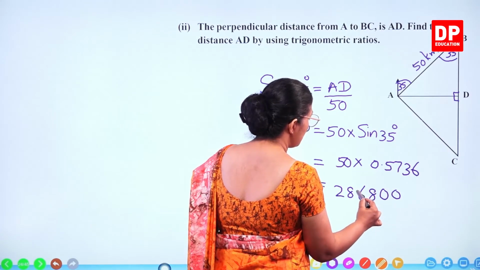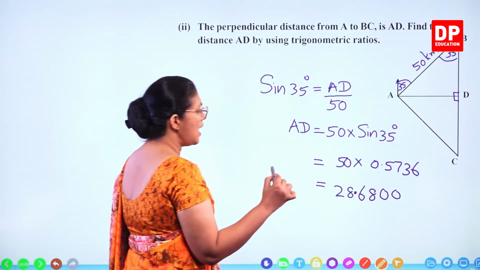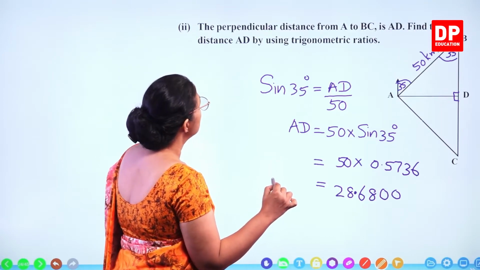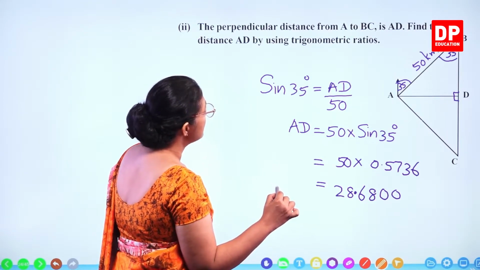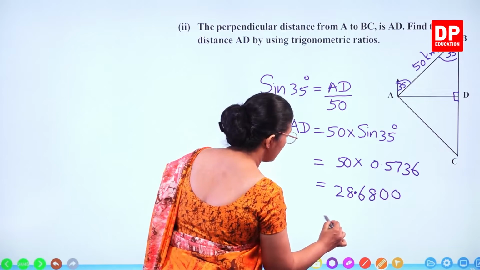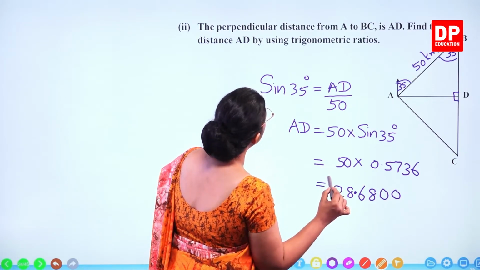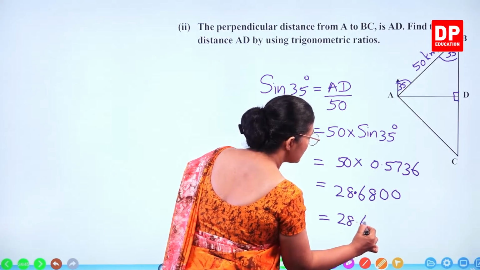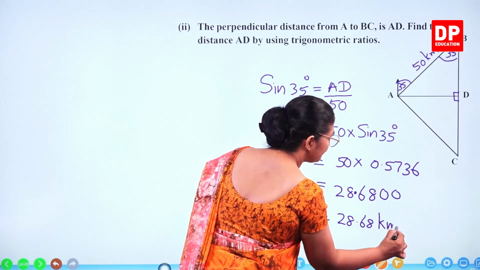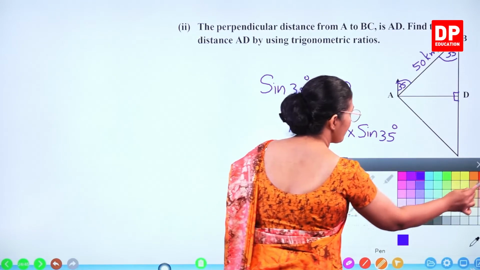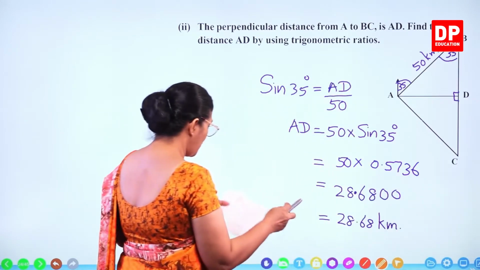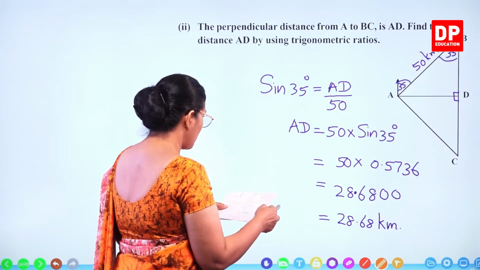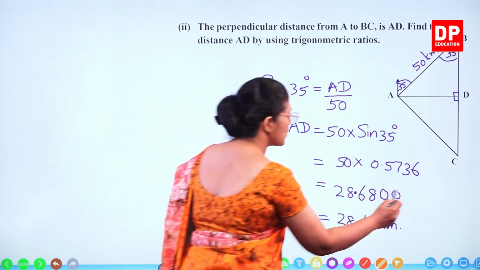So 4 decimal places here. 28.68 is the answer. This is in kilometers. So we can write AD distance is 28.68 kilometers. So how many marks for that part? You are getting 3 marks for that part.